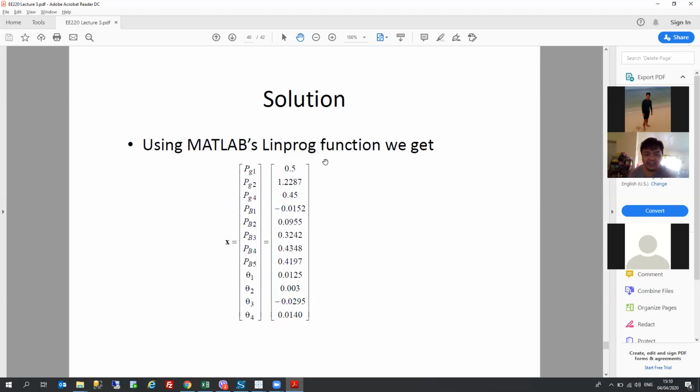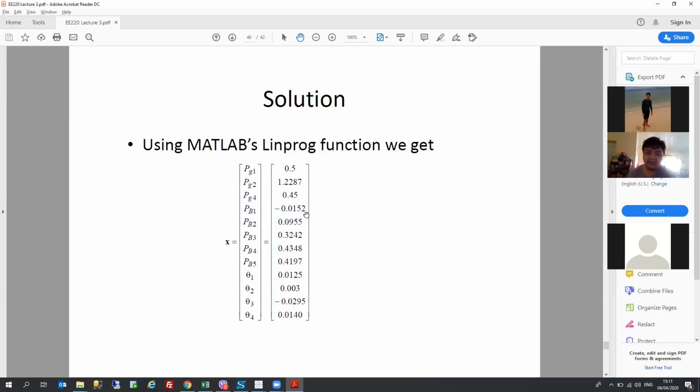Ito yung magiging ano. Tingnan nyo yung nakita nyo sa branch 1. -0.0152 per unit. Pagka tinanong, in megawatts, ilan yan? Times mo lang ng 100, that's 1.5 megawatts. Pero dahil negative, di ba, inassume natin sa branch 1 ay bus 1 to bus 4 sa node arc incidence matrix. Ibig sabihin pala, hindi bus 1 to bus 4 ang naging resulta.